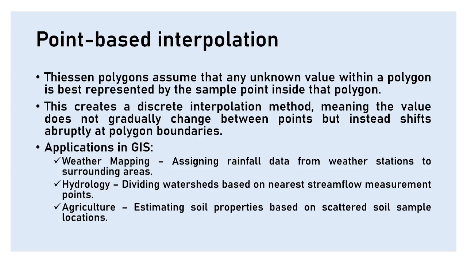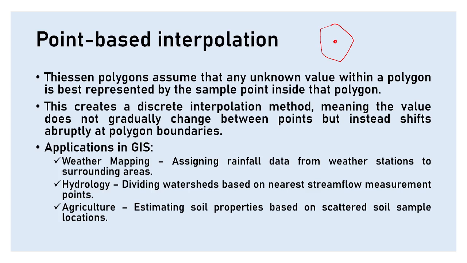These polygons basically assume that any unknown value within a polygon is best represented by the sample point inside that polygon. Any unknown value will be accounted for by this aggregate point. So this creates a discrete interpolation method, meaning the value does not gradually change between points but instead shifts abruptly at polygon boundaries.